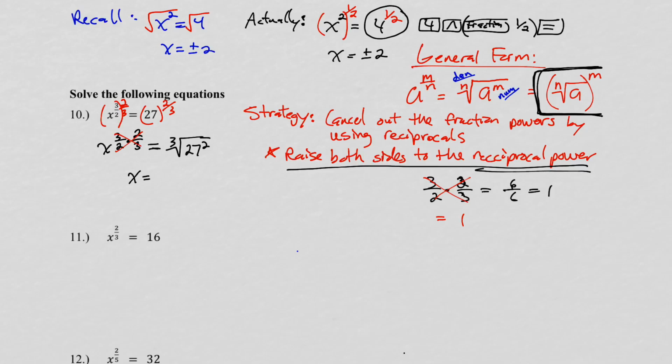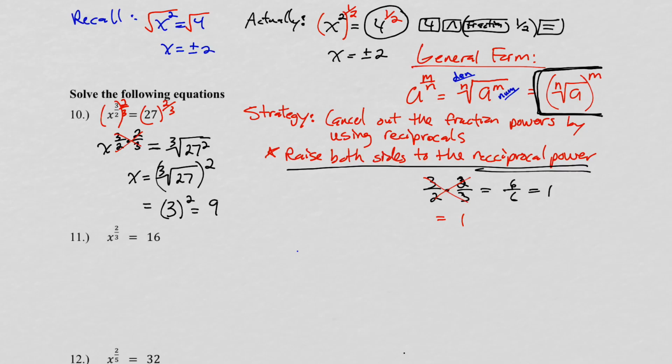And we can actually do this if we take the root first and then square. Okay, so what's the cube root of 27? Cube root of 27 is 3. And then 3 squared is 9.